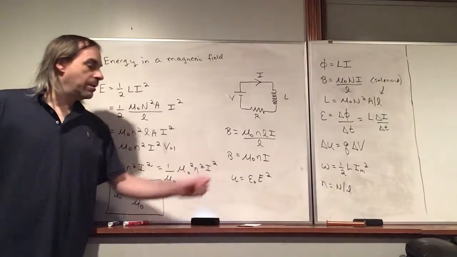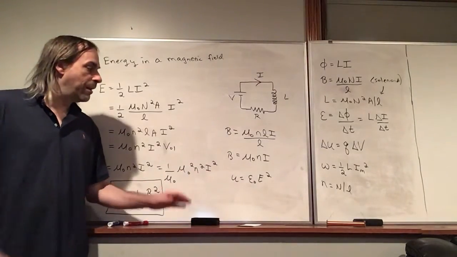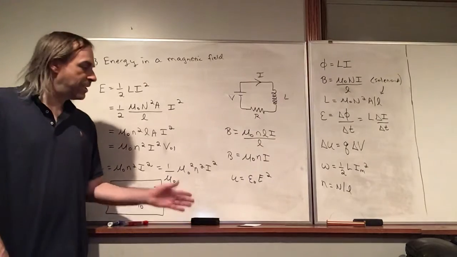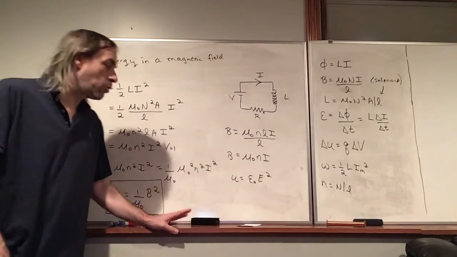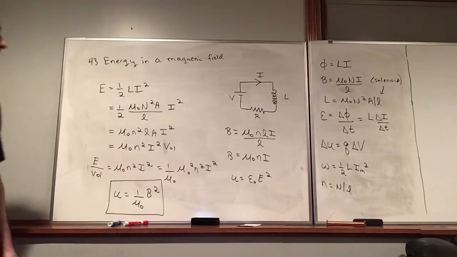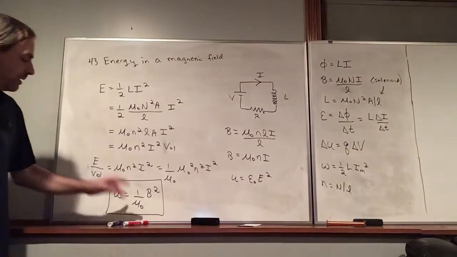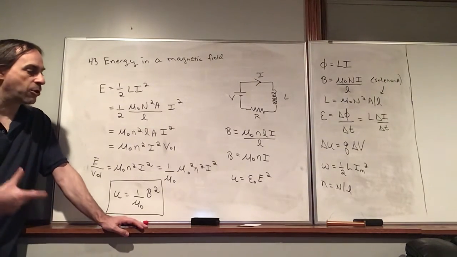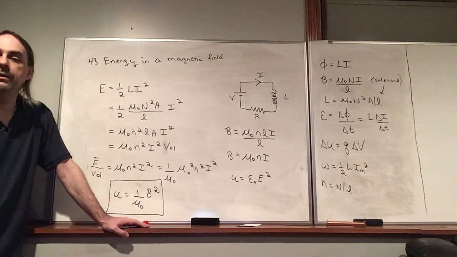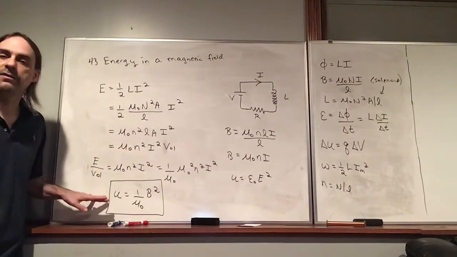The energy stored in an electric and magnetic field is proportional to the strength of the fields squared, regardless of which type. Now they have different constants, but yes, now we've seen how much energy is stored in both electric and magnetic fields.